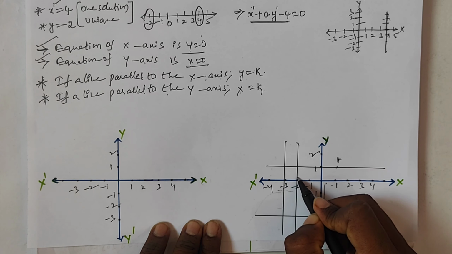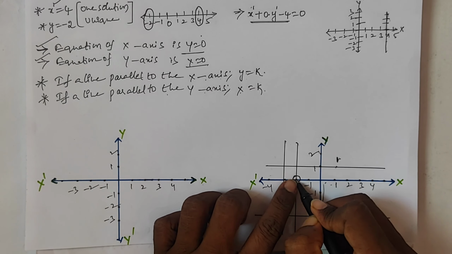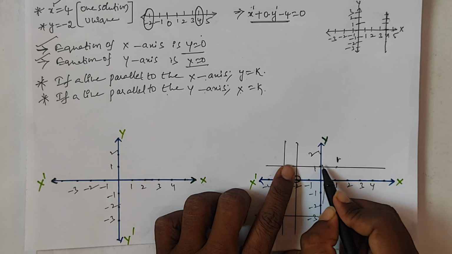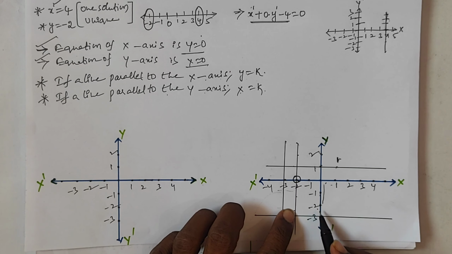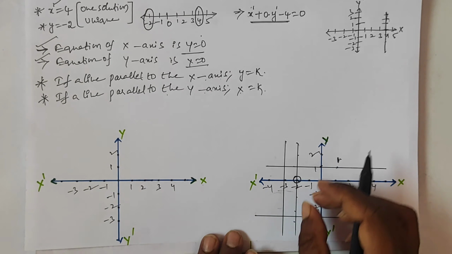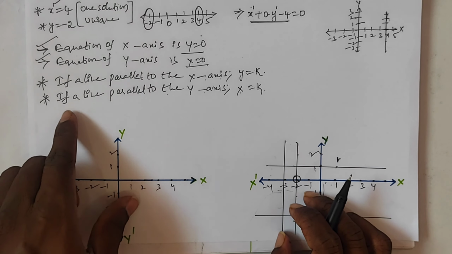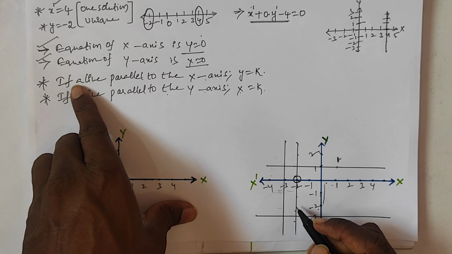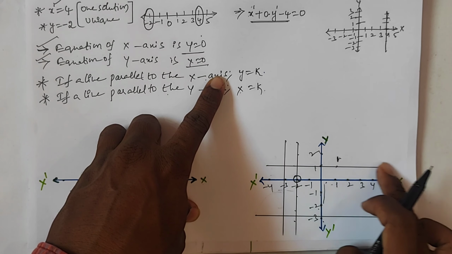Suppose x equals -2, a constant for any value of y. See, (-2, 0), (-2, 1), (-2, 2), (-2, -1), (-2, -2), (-2, -3). Here the value of x is constant. If a line is parallel to the y-axis, x will be constant. If a line is parallel to the x-axis, y will be constant.